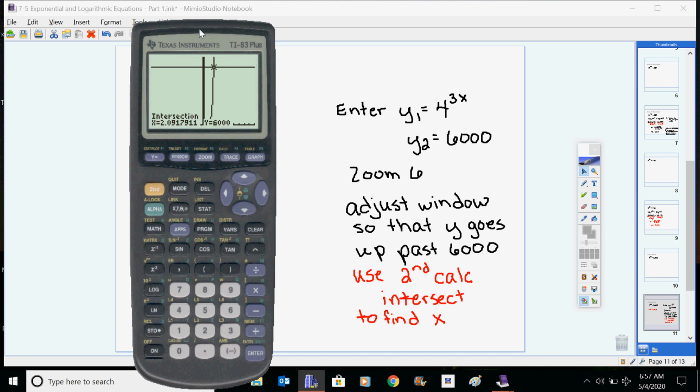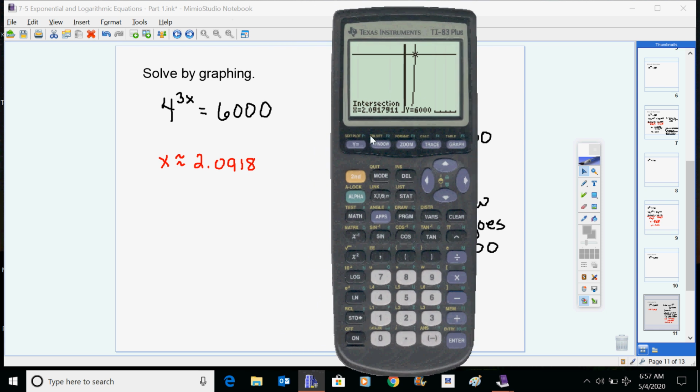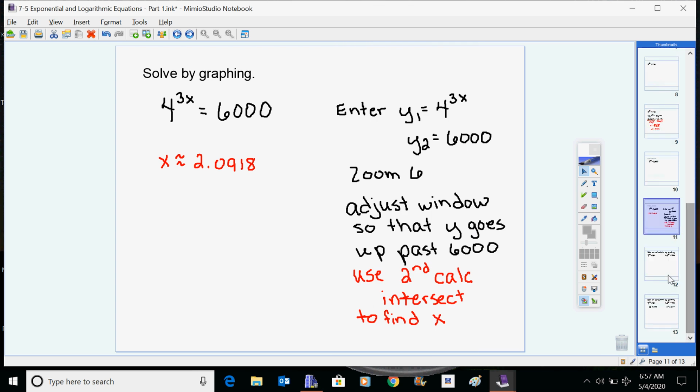And then it gives you your answer, 2.0918. 2.0918 from your calculator using that intersection method. So that's kind of a nice slick way of figuring that out.